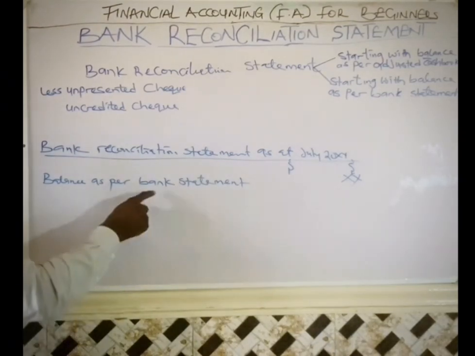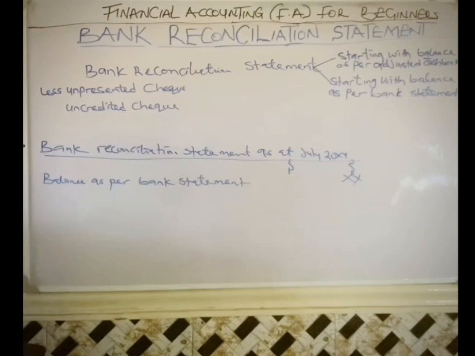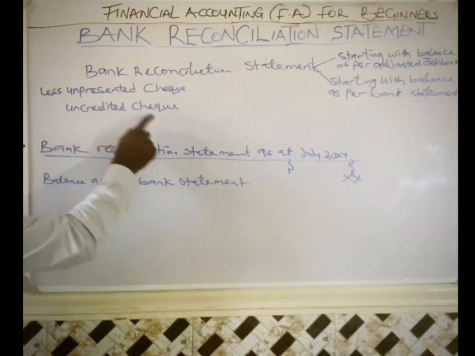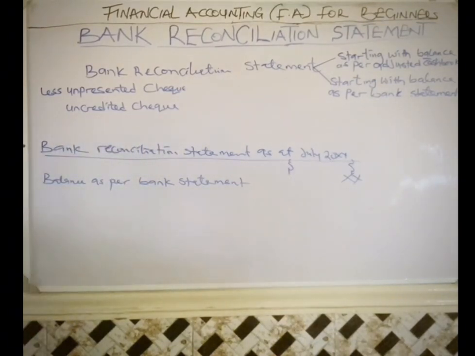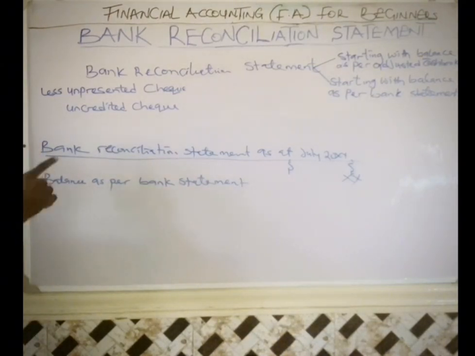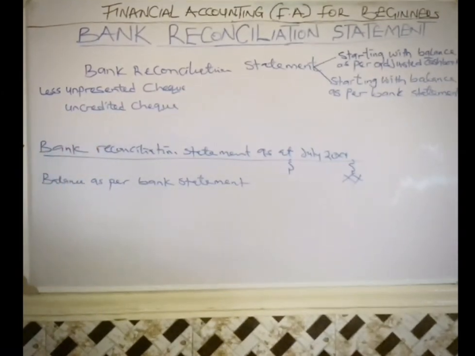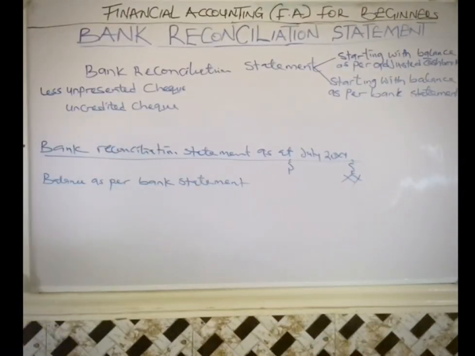So since we're using the bank statement balance, the uncredited check has been received in the cash book and is in the bank. But in the process of preparing our bank statement, this check was not cleared. So now let's clear it for our bank statement to agree with our cash book balance.